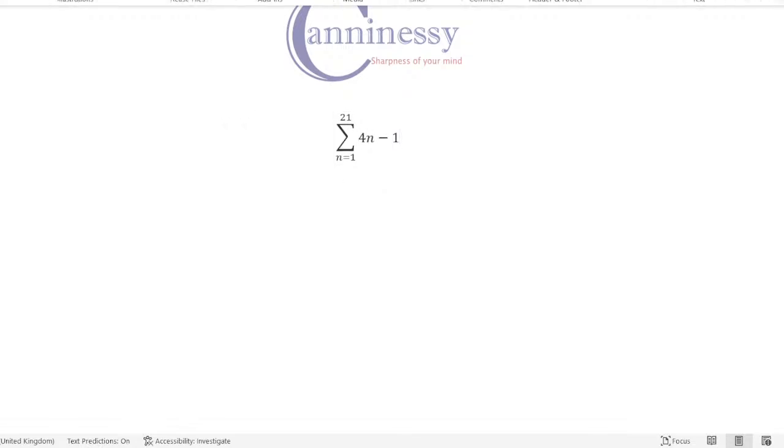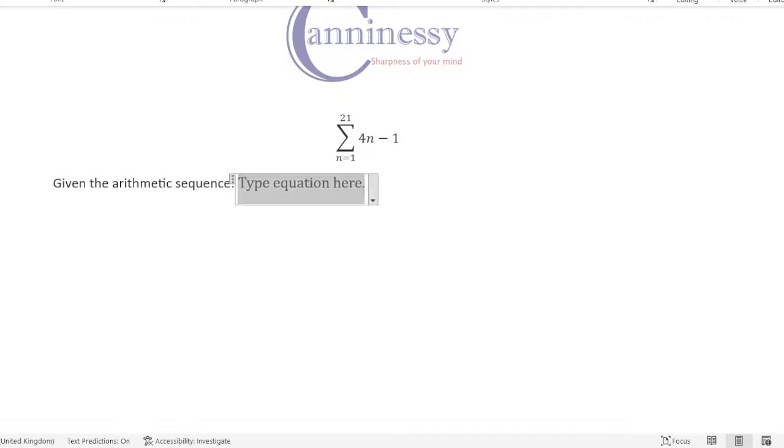So here, given the arithmetic sequence 7, 2, negative 3, then it continues.